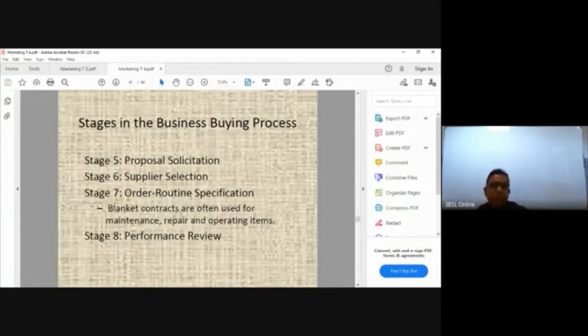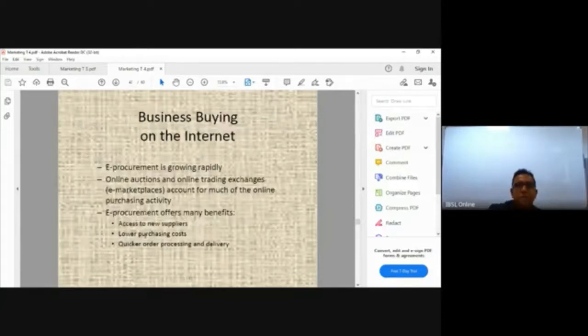Then the order routing specification, the normal ordering, is done, again by the buying center team. And finally, a performance review is done periodically to see whether the particular purchase has met the required standards and brought in the desired results.